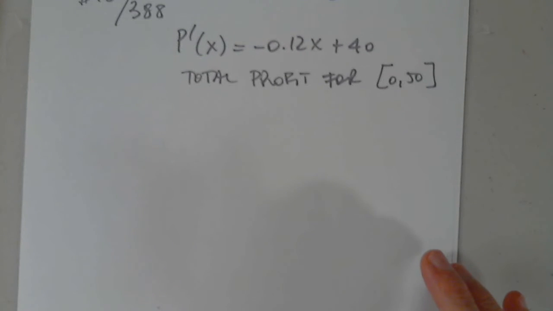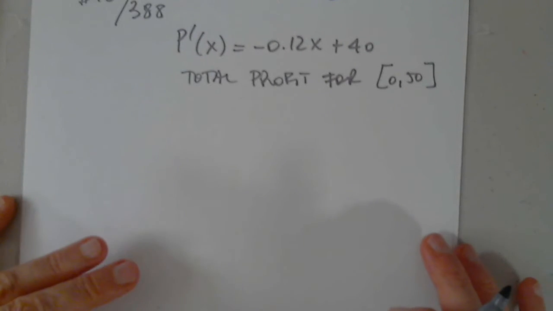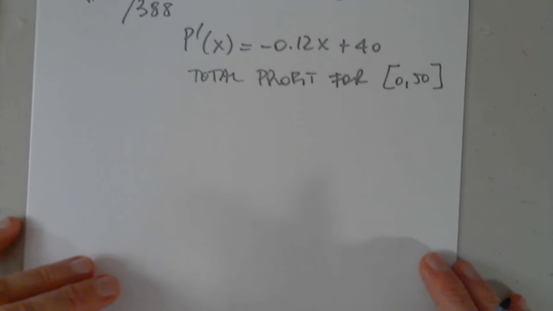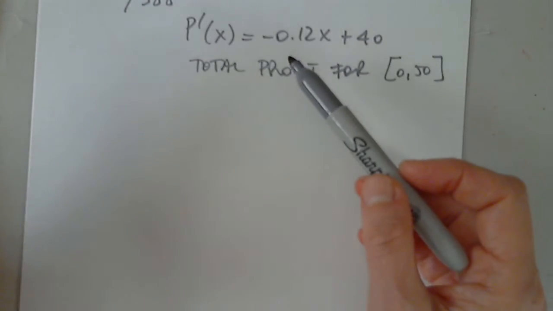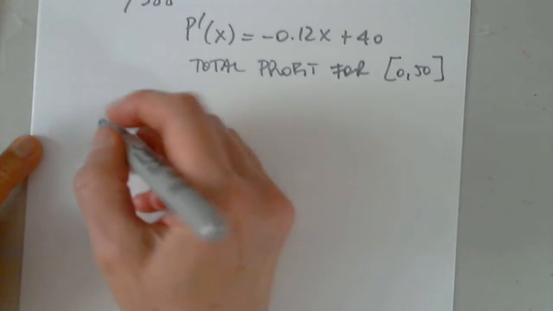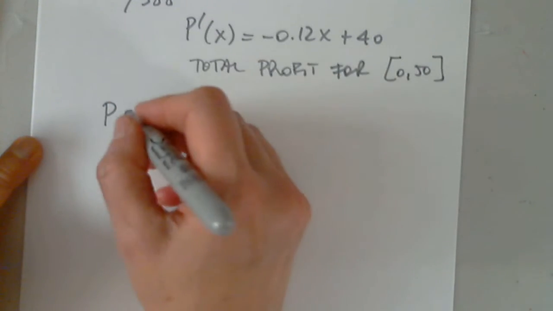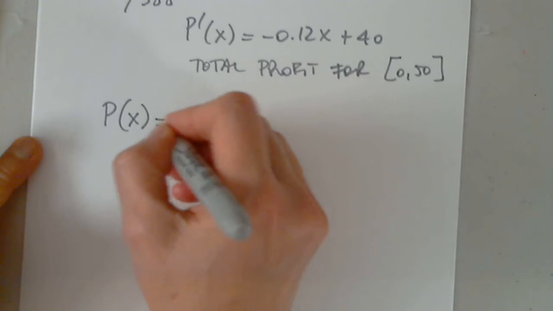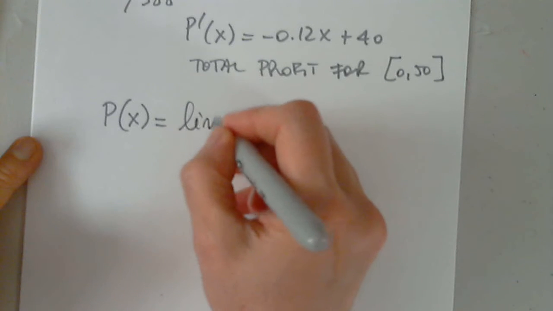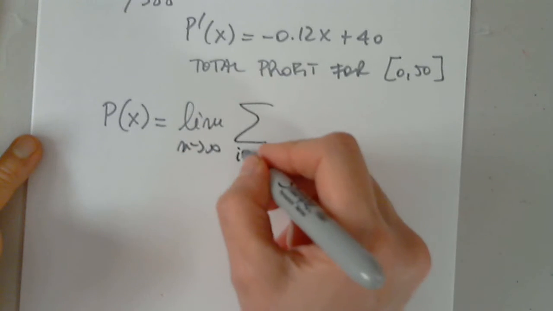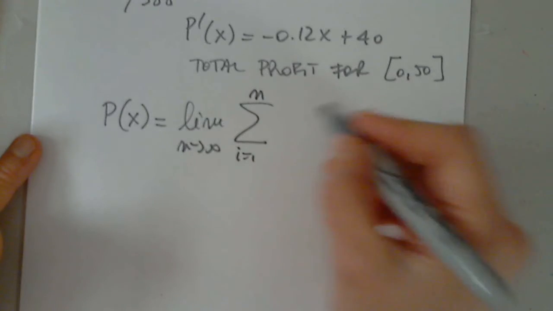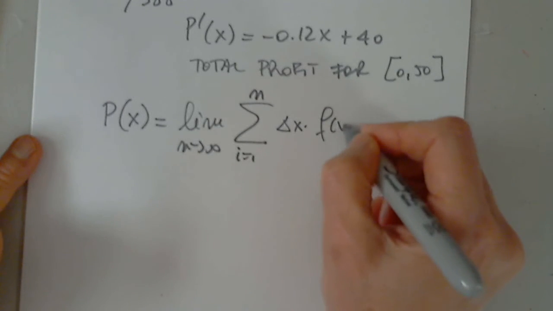Okay, so this will be an approximation, because I have not shown another way of determining the area. Basically, if you graph this profit function, the derivative, the profit will be nothing else but the limit as n approaches infinity of the sum from i equals 1 through n of delta x times f of xi.